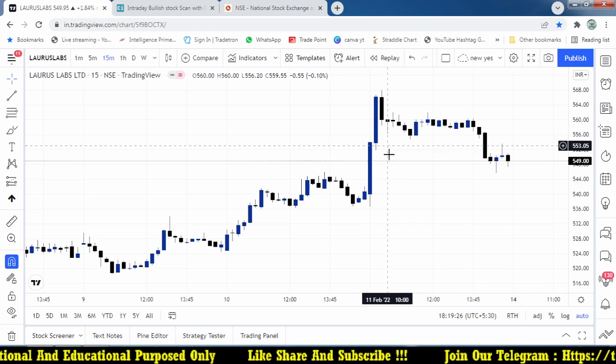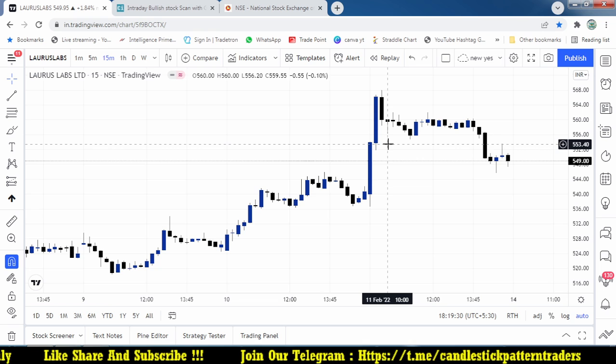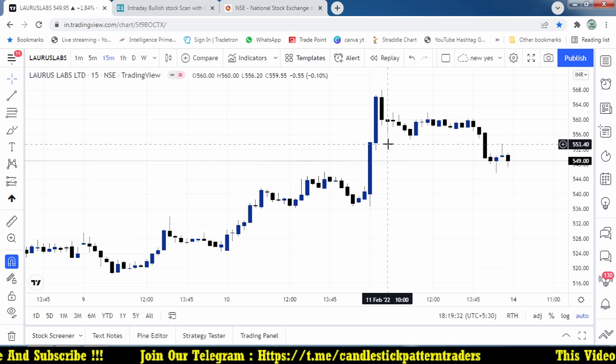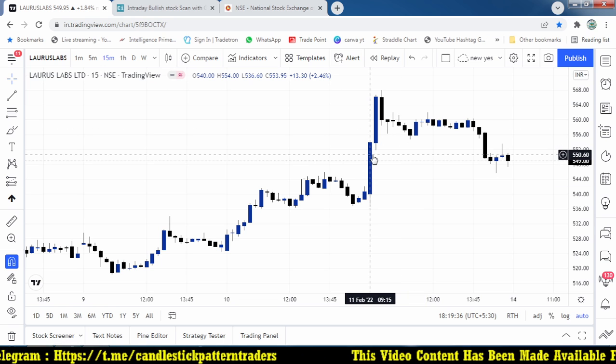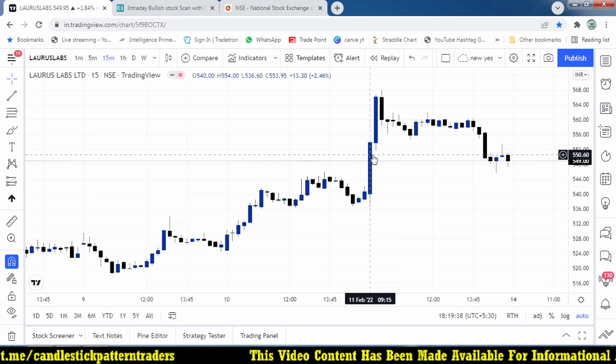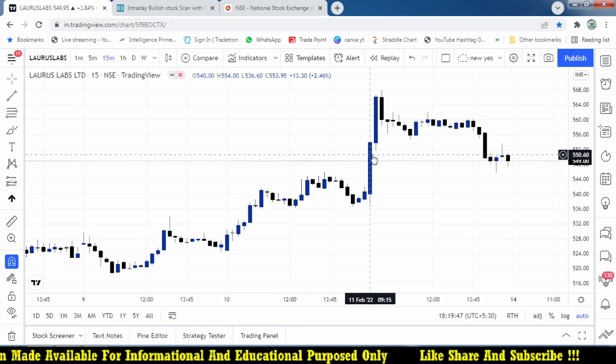After that it's flat and it closed lower, but it shows a great opportunity to take a short-term intraday trade. So I'm not going to hold the position based on this particular thing. I'm just going to keep this trade for my intraday.